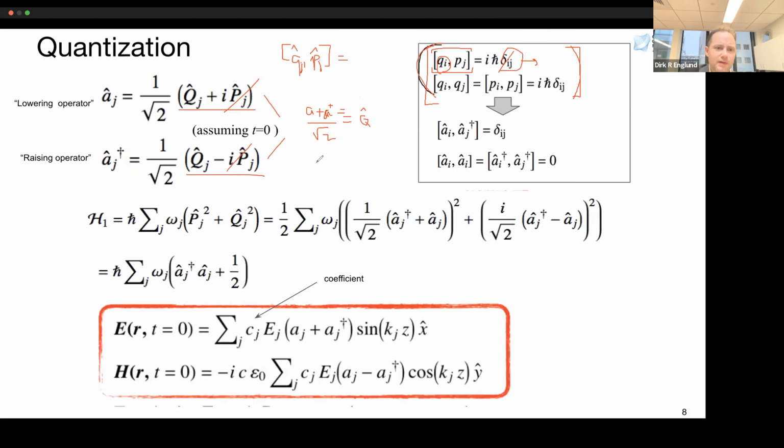And similarly, if we subtract A and A dagger, A minus A dagger divided by root 2, if you do this again, this is straightforward at this point. So A minus A dagger gives us an extra I here, so this is times I is equal to P hat.